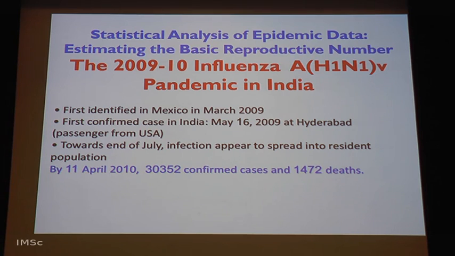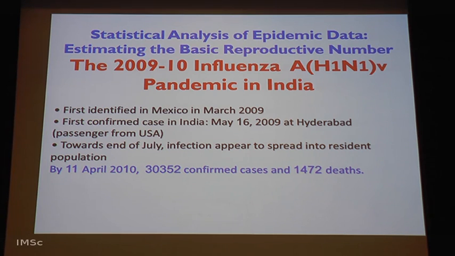Initially, most of the cases were persons coming from abroad. But towards the end of July and the start of August 2009, most infections appear to have spread into the resident population, because the infection got momentum and spread in India.